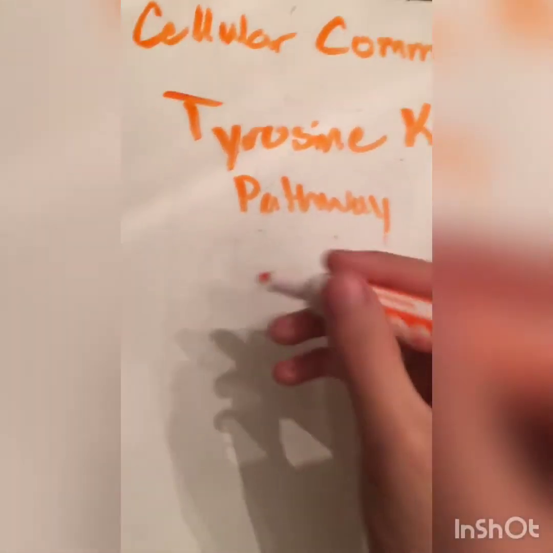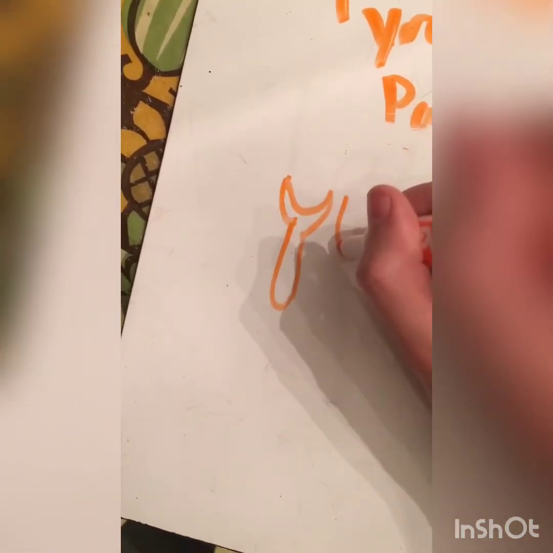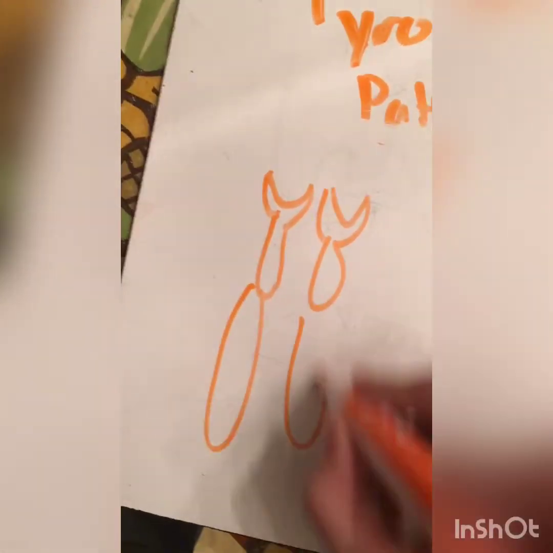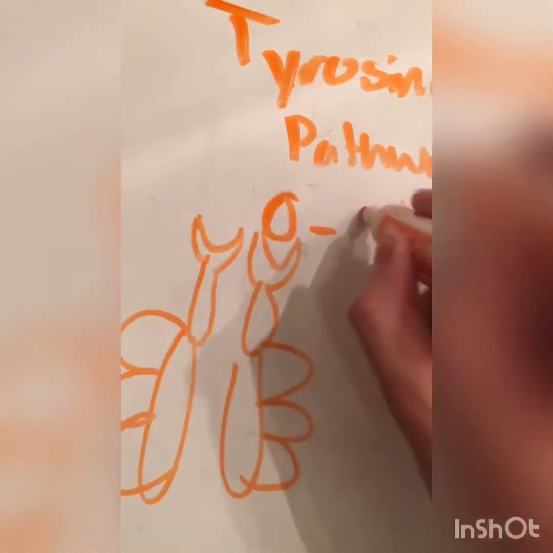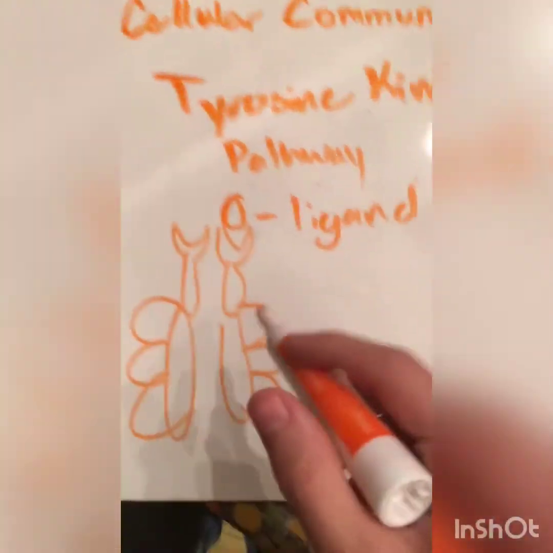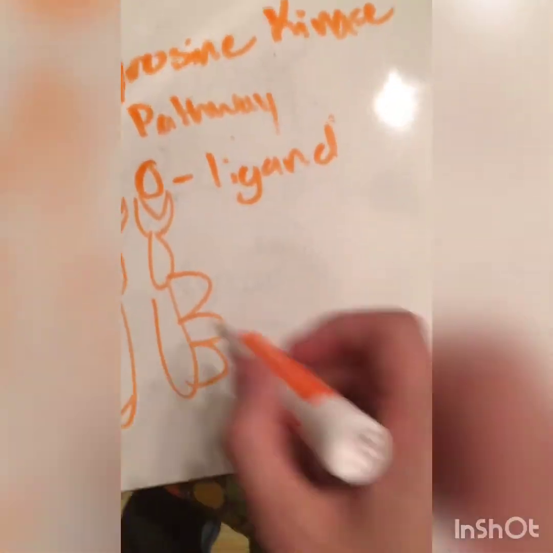So pretty much what happens is that you have your pathway right here, and again, a ligand comes and it connects to this protein.